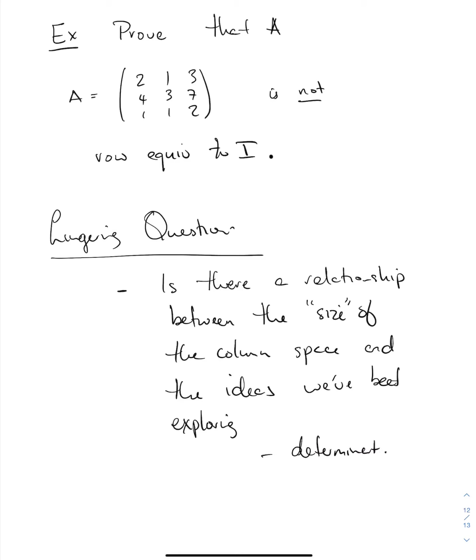The answer is yes. And hopefully over the next 2 lessons, we'll be able to figure out what exactly this relationship is. Think on this. Talk to you next time.